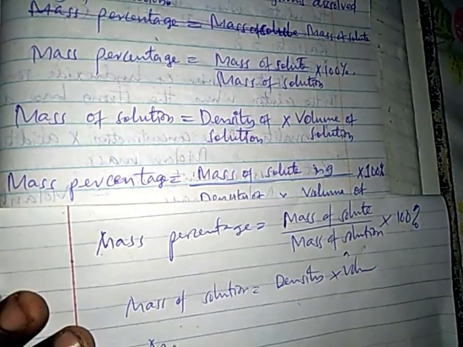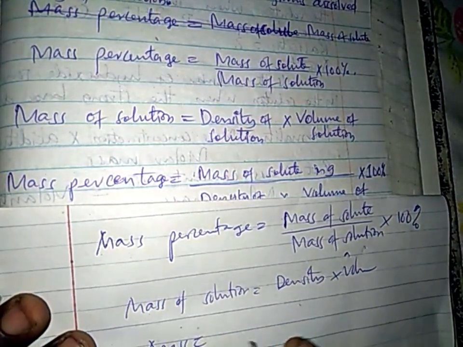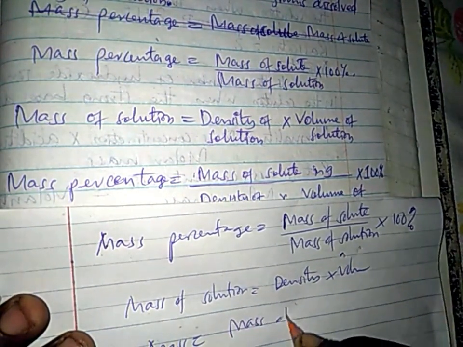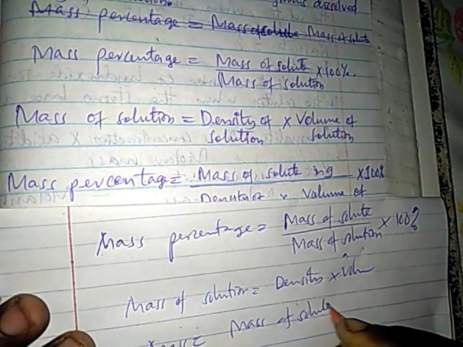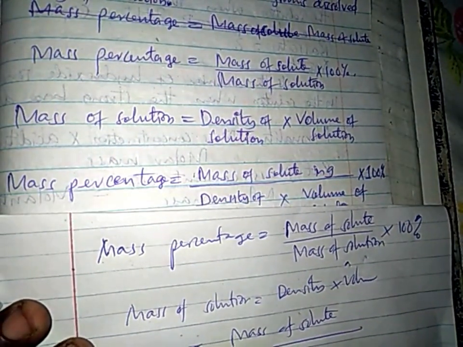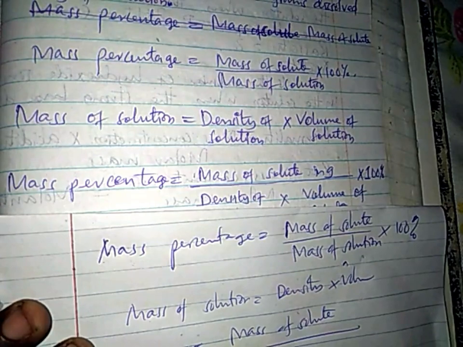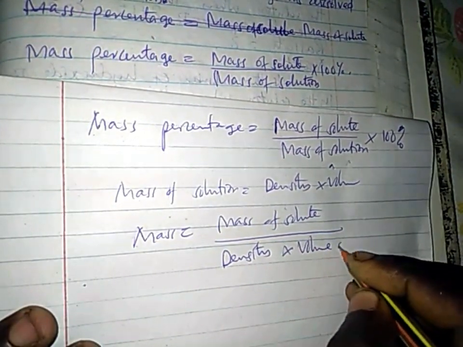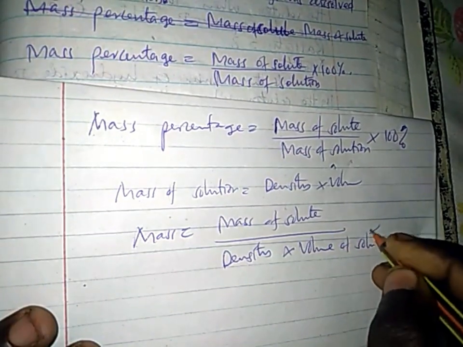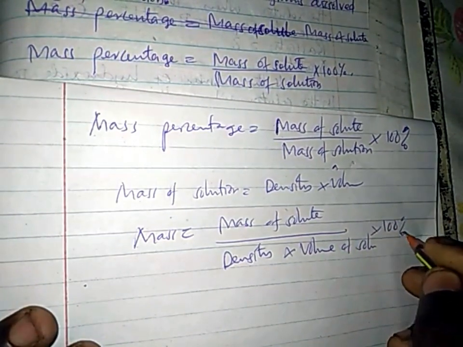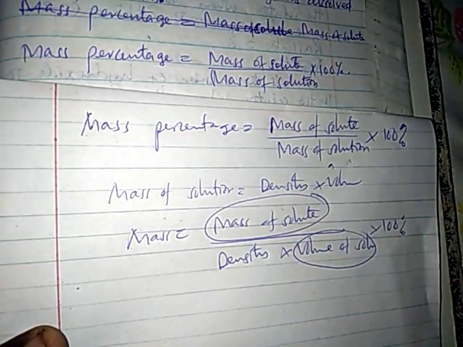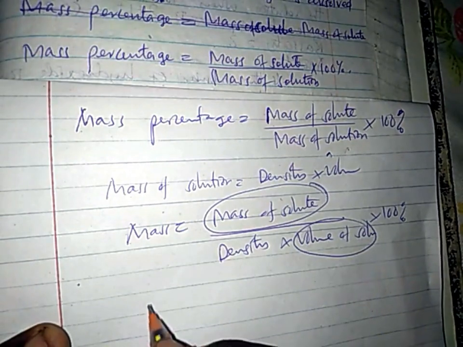So mass percentage simply would be equal to mass of solute divided by density of solution times volume of solution times 100%. But as we know, mass of solute divided by volume of solution is equal to mass concentration.